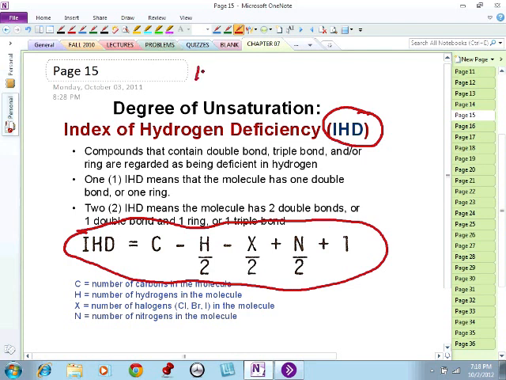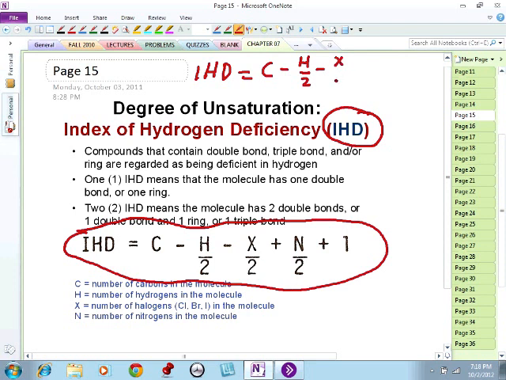Okay, so index of hydrogen deficiency, IHD, it gives you the number of carbons. The C stands for the number of carbons in the molecule, minus the number of hydrogens in the molecule divided by 2, minus the number of halogens in the molecule divided by 2. X stands for halogen.